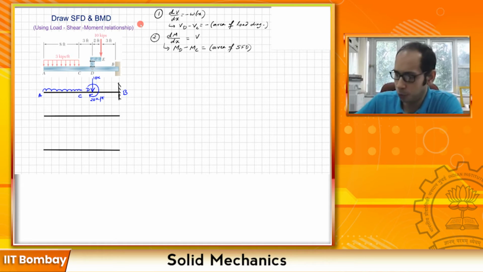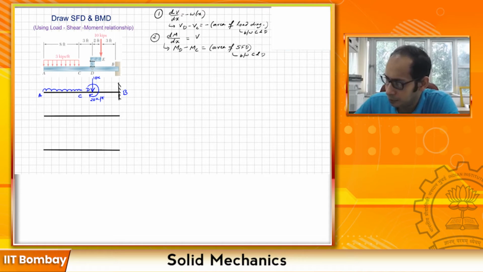You must remember this is between C and D, because you're calculating the difference of the shears and the moments between those points.